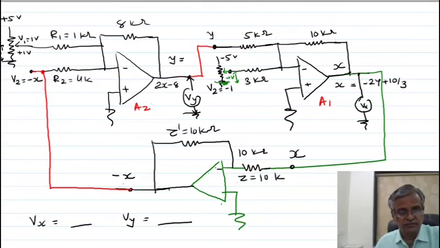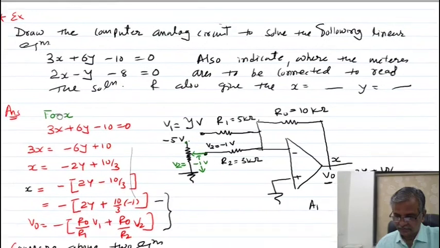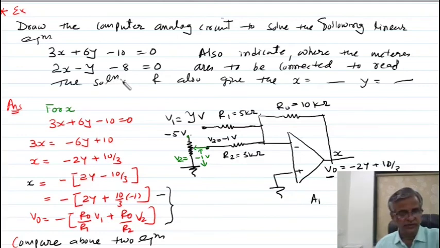Let us make a quick revision of this numerical. You have to find the solution of this equation. Then you have to design a circuit which solves this linear equation.